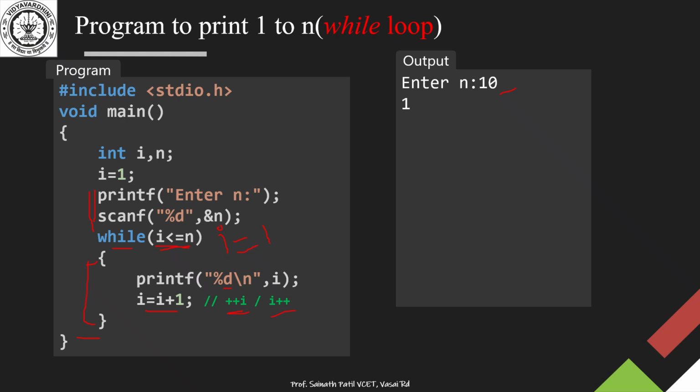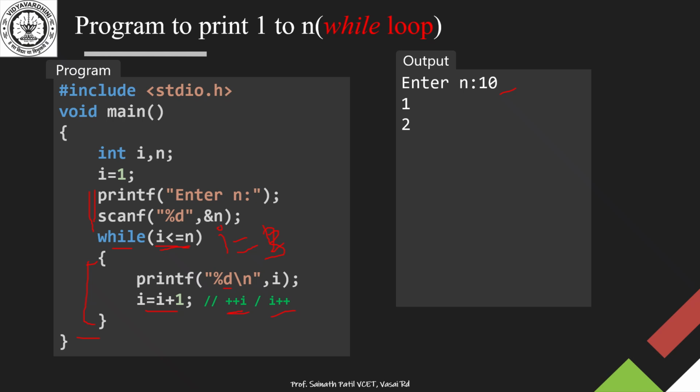i becomes 2, so again it will check the condition, is it less than n, that is less than 10, yes. So it will print 2, the value of i. Then i is equal to i plus 1, i becomes 3. Then is it less than n, that is 10, yes.